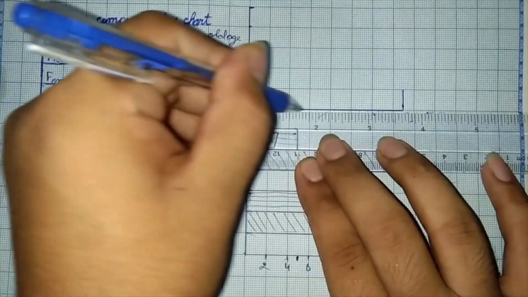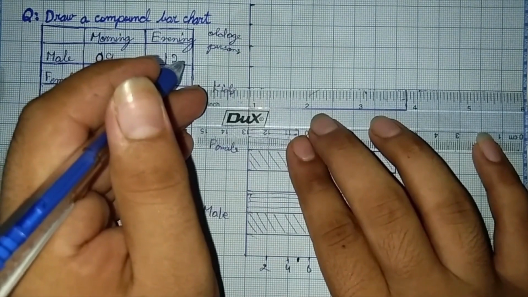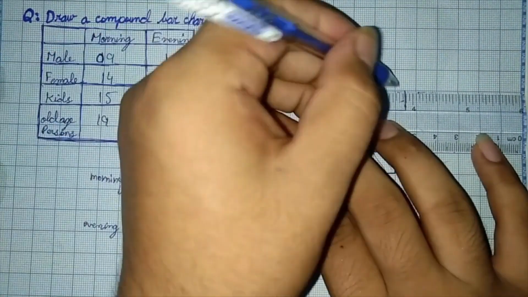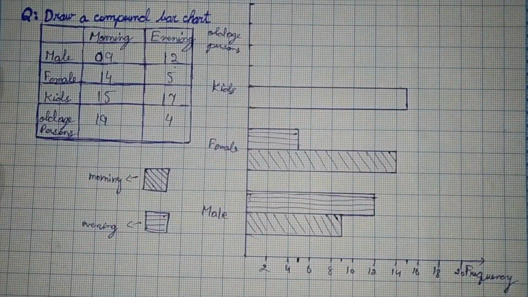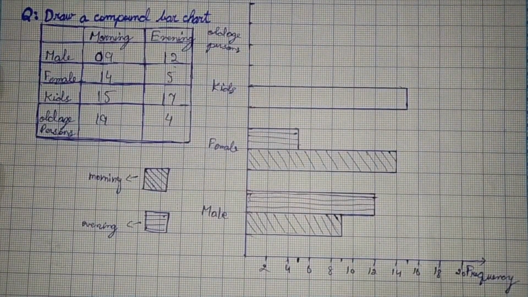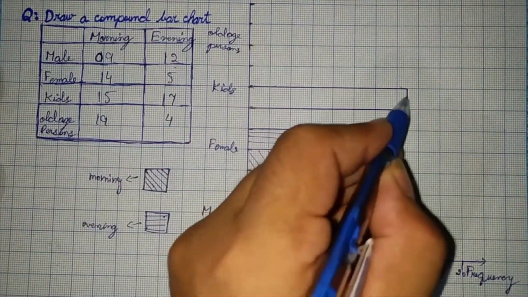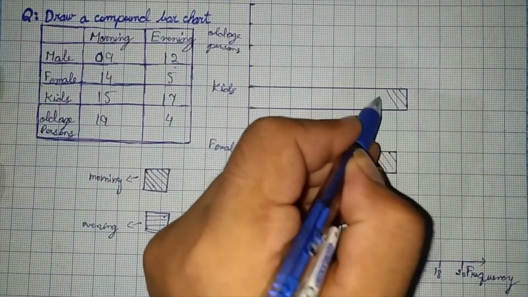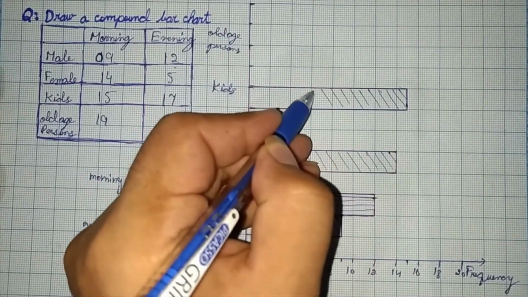So I will draw a line here and a line here, and I will get a bar of 15 kids who used to do exercise in the morning. So we have the bar of morning, and I will color it like that.